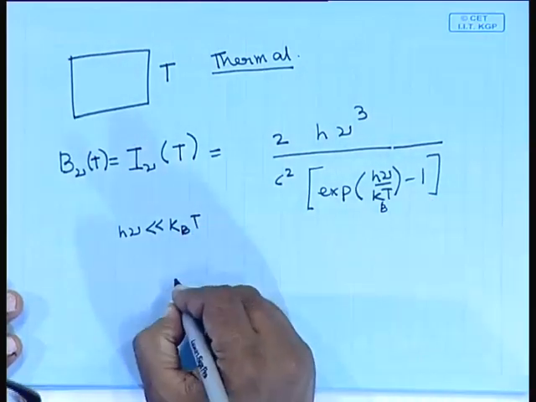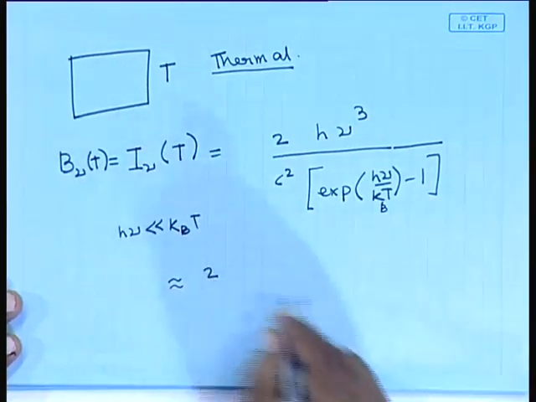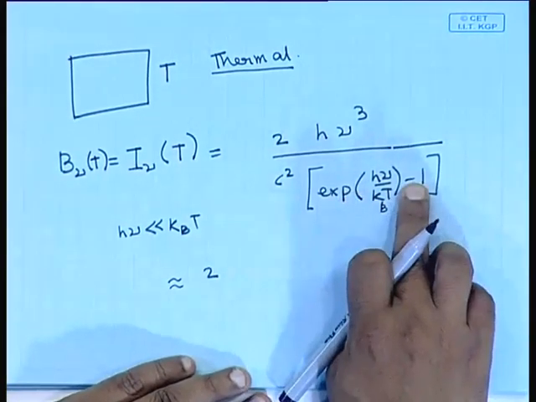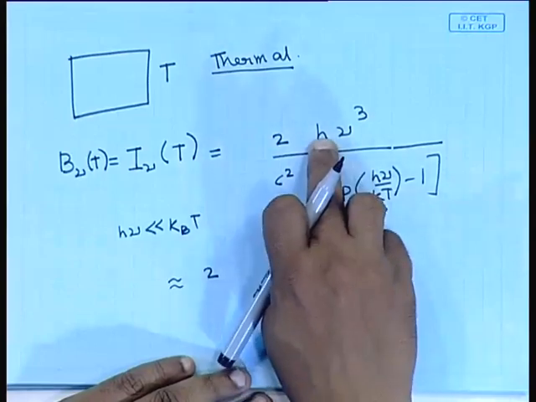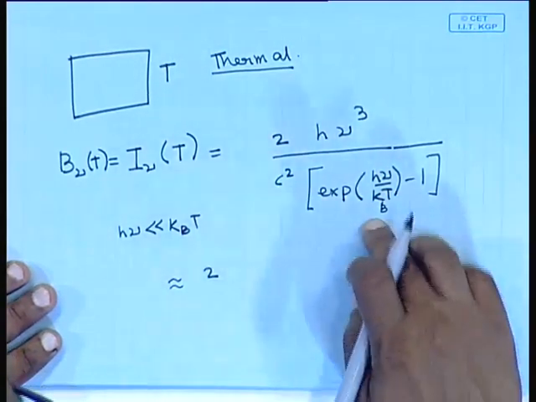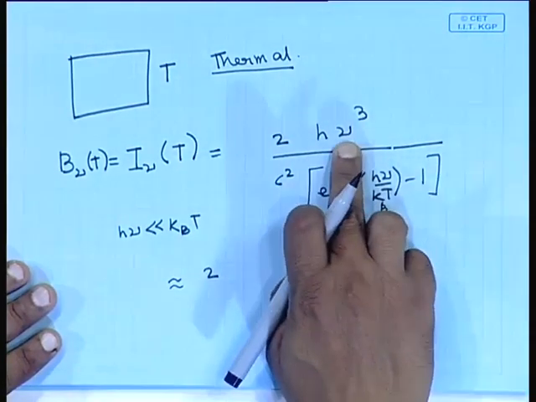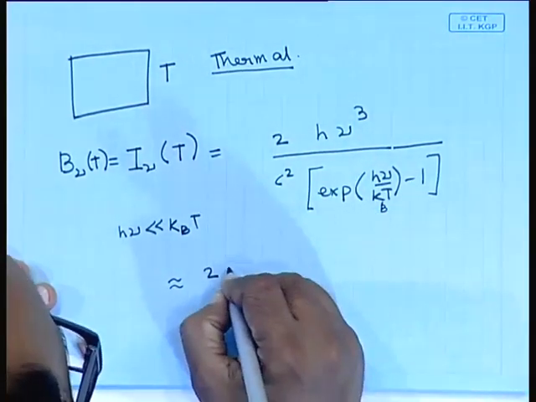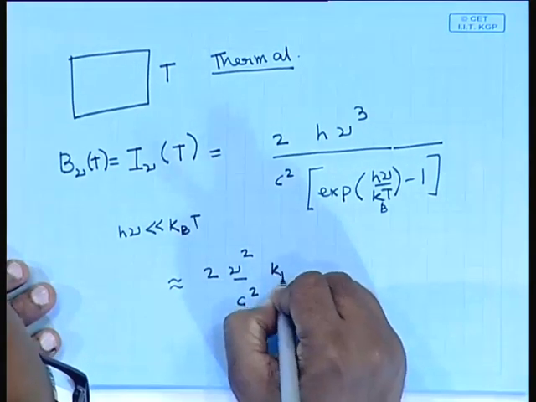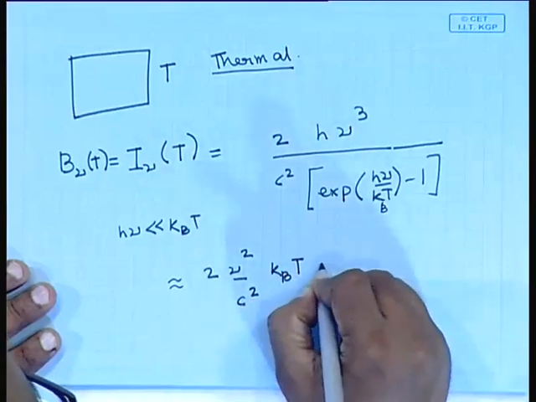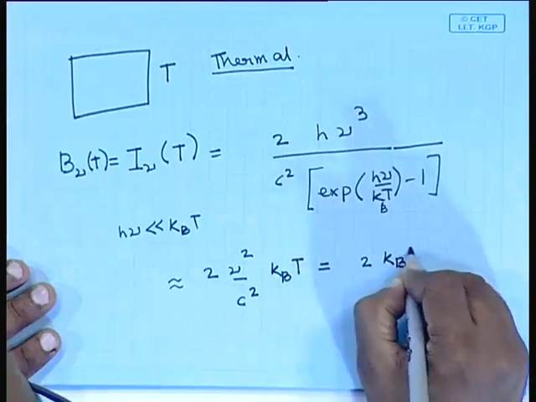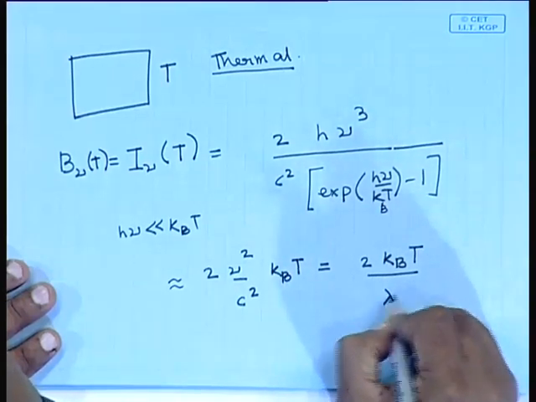So this will approximately be equal to 2 nu square by c square times kB T, since the 1 cancels and h nu cancels out, which is also equal to 2 kB T by lambda square, the wavelength.